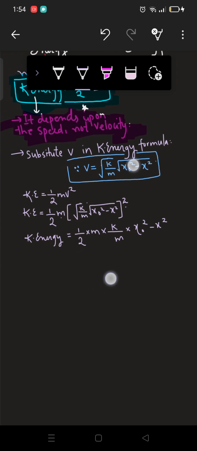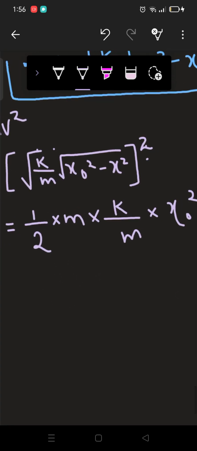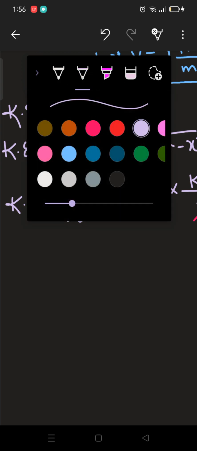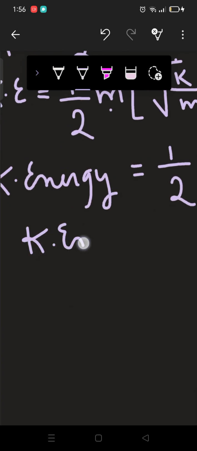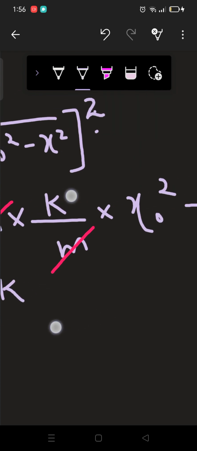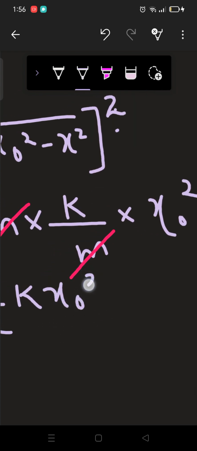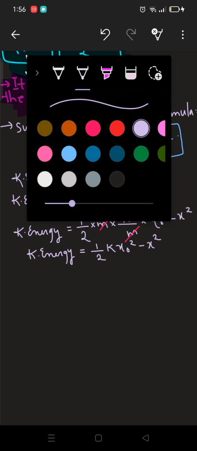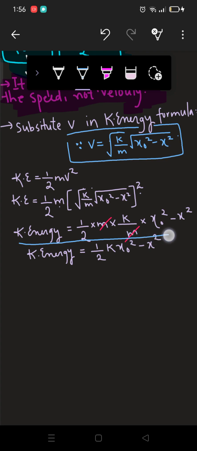Now see, this m cancelled with this m. So what we have got now is kinetic energy is equal to half k into x naught square minus x square. This is what we have got now. This is the formula for finding the kinetic energy of the mass spring system.